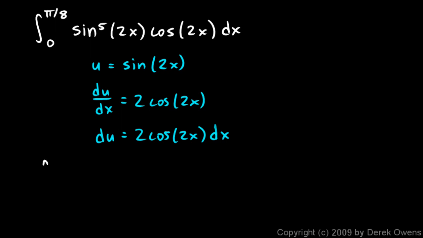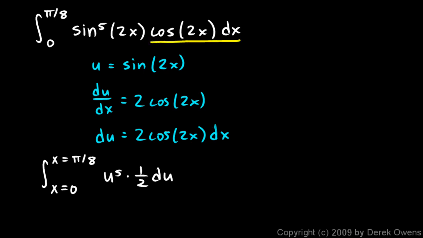So I can rewrite the original integral as the integral from x equals 0 to x equals pi over 8 of u to the fifth times 1/2 du, because if u is sine 2x, then this sine to the fifth 2x is my u to the fifth, and then this cosine 2x dx is half of my du.